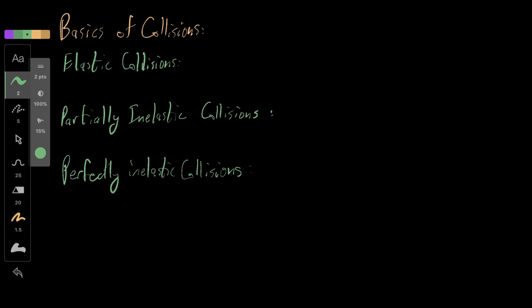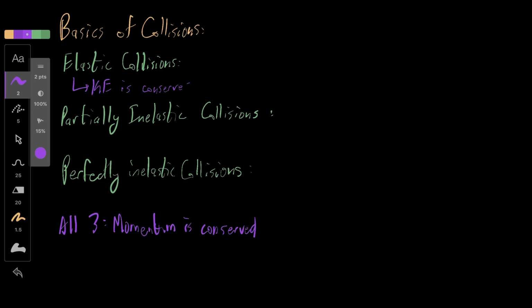Now, remember, by conservation of momentum, in all three, momentum is conserved. What varies, though, is kinetic energy. In elastic collisions, kinetic energy is conserved. In partially inelastic collisions, kinetic energy is lost.